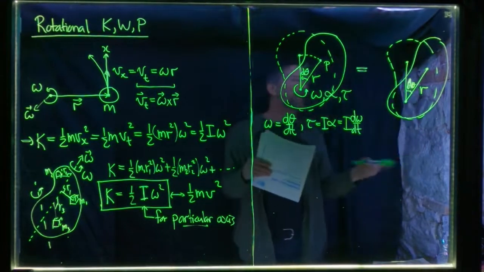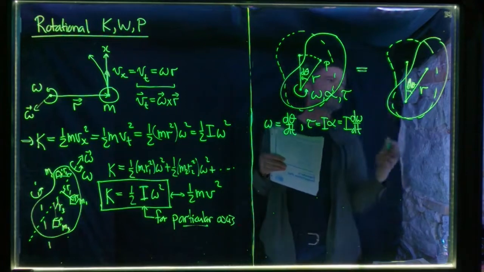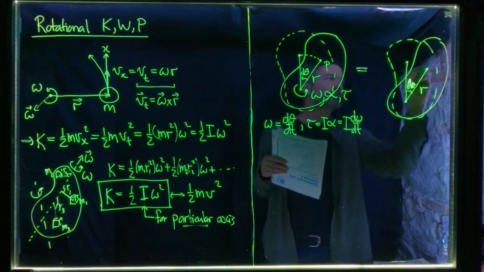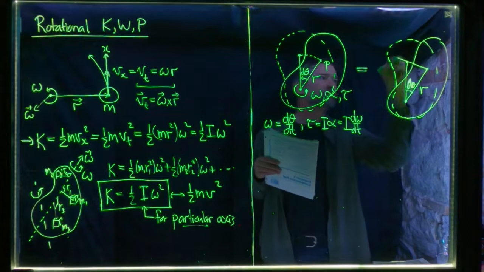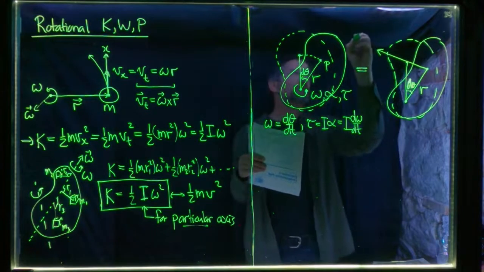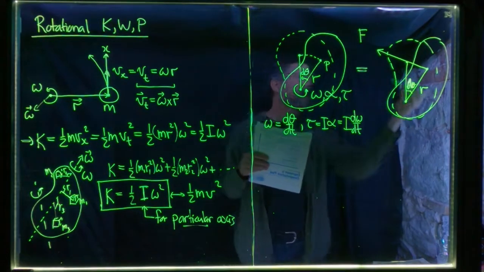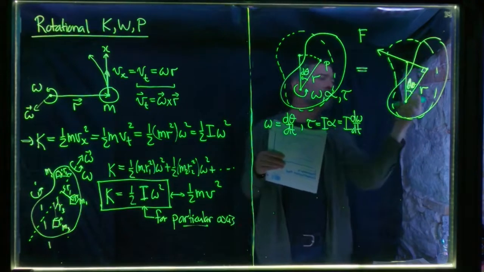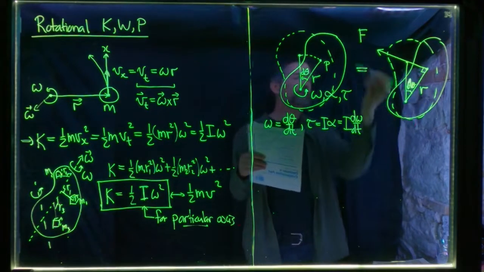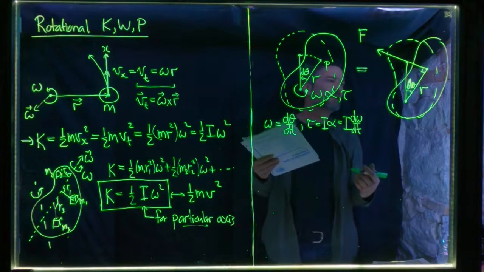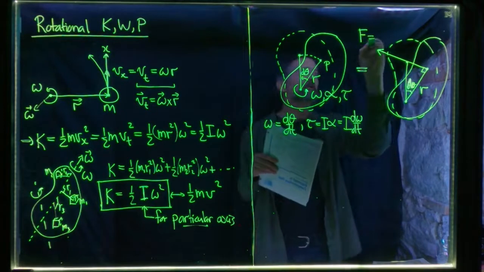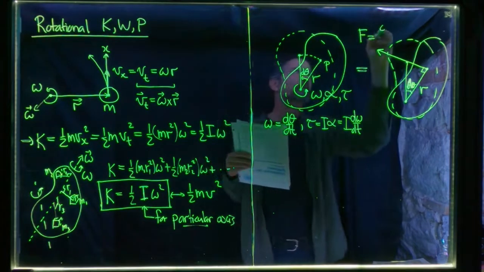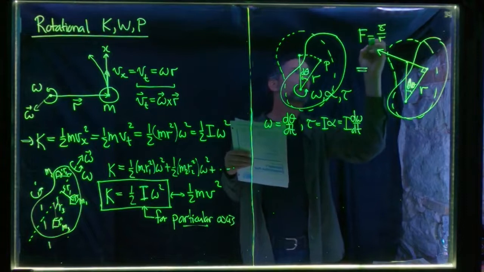Okay, and how we're going to cause that twisting force or torque is we're going to grab the object at this point and exert a force in that direction. This force is perpendicular to r, and the magnitude of that force is going to be the torque that we want to apply divided by r.